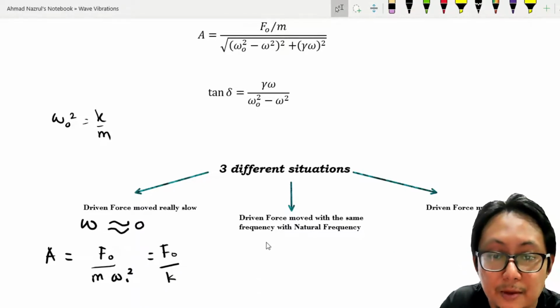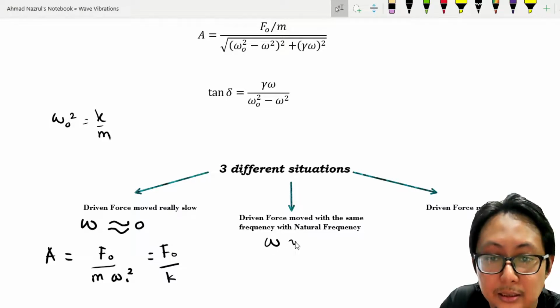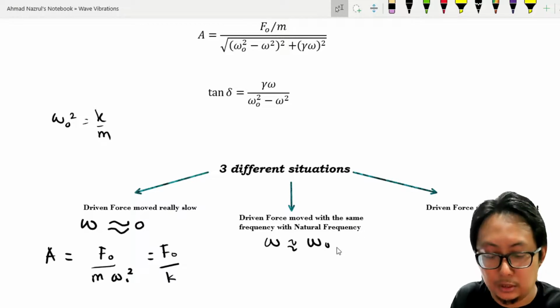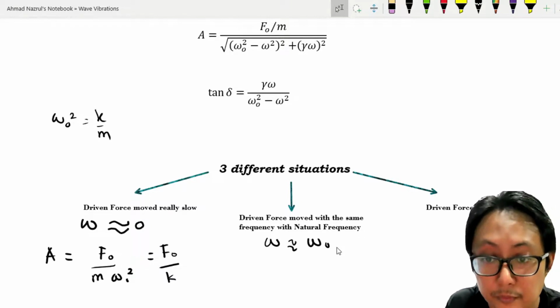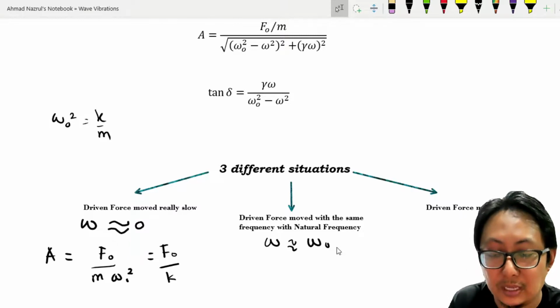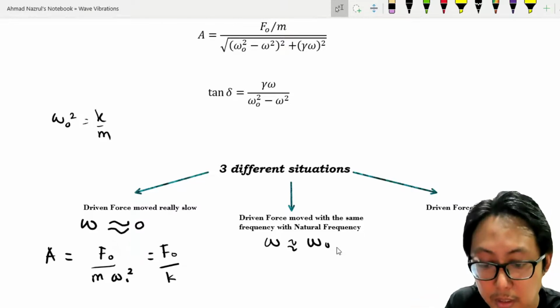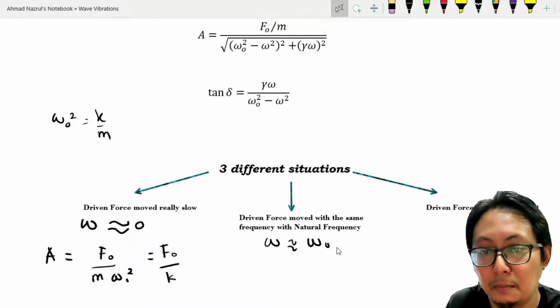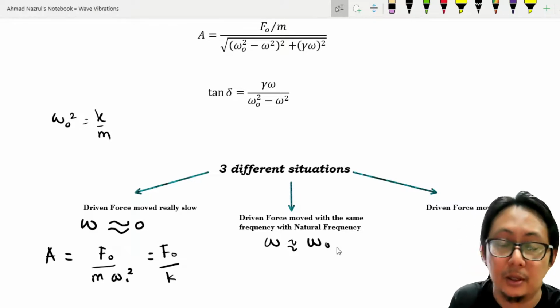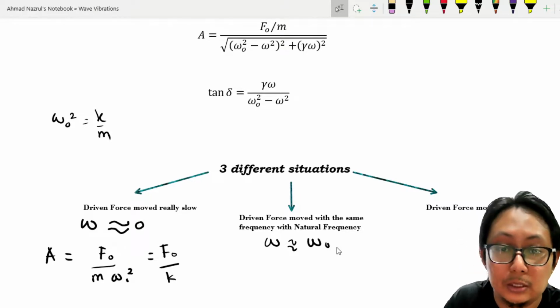And what happens if omega is near to omega naught, which is the natural frequency? The spring system has its own frequency. What happens if we give a force with omega similar to the natural frequency of the spring itself?